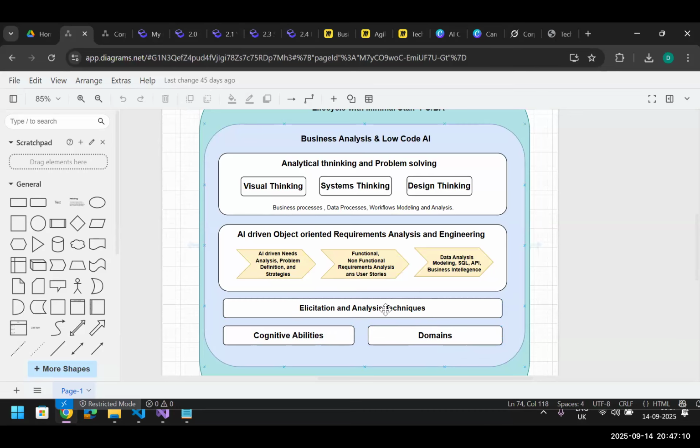Whatever the business domain, we can get that business acumen with the help of AI. That is very easy today, it's not a big deal. I'll give you the prompt for how to get the domain knowledge. That is something we kept here as a module.